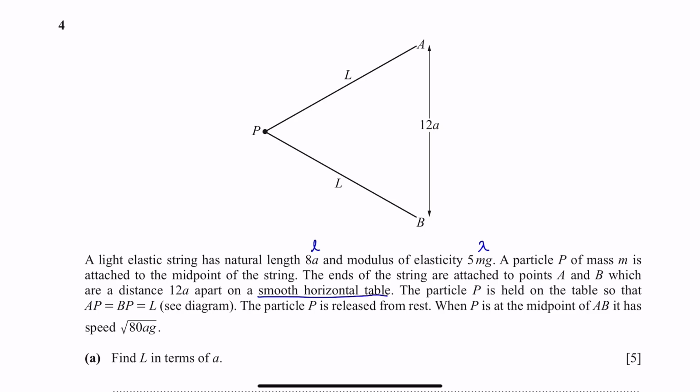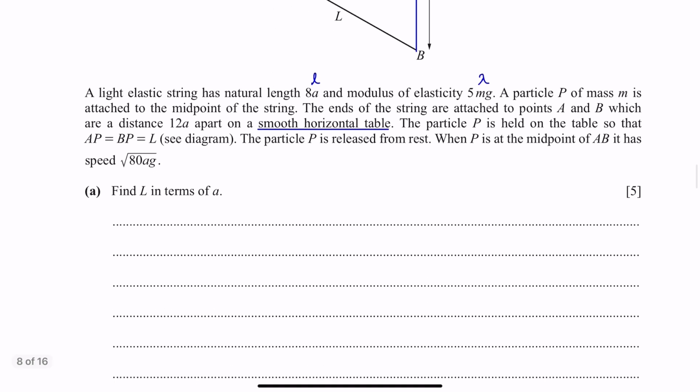Smooth horizontal table means there's no friction. So the particle P is released from rest when P is at the midpoint of AB. Let's connect AB. So this would be the midpoint, let's call it M. It has a speed of root 80ag. And now we need to find L in terms of a.